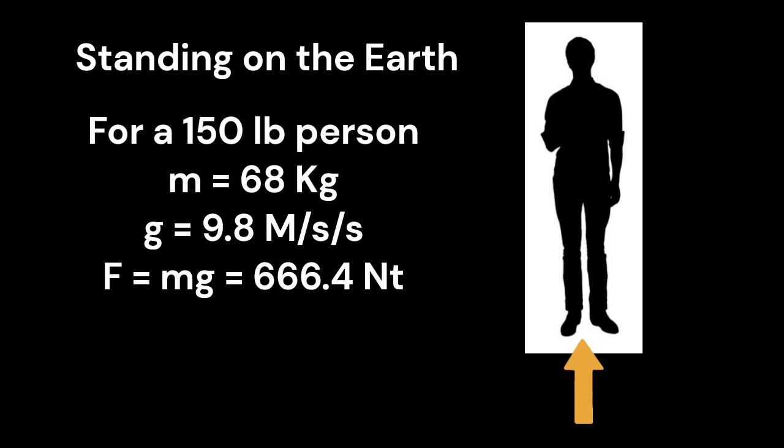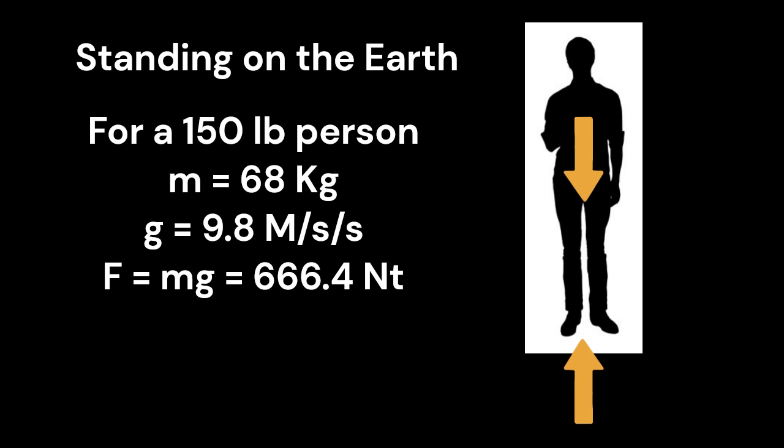Now, obviously, if you're just standing on the Earth, you're not in free fall. But the reason you're not in free fall is because there's an upward force that equals the downward force. Gravity's acting on you, but there's an upward force on your feet that's an equal amount. And you can see in English, we would call a 150-pound person.